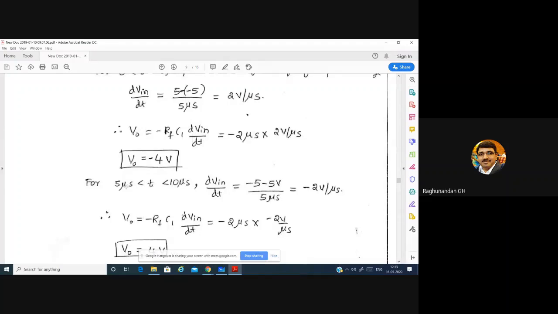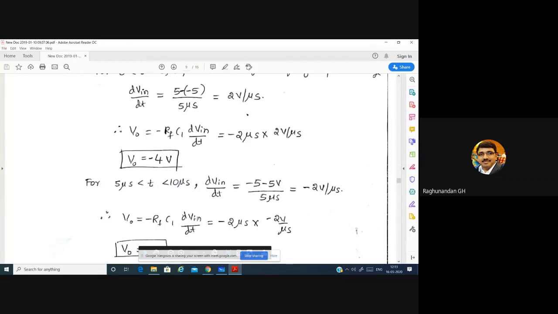So during 5 microseconds to 10 microseconds, in between this time duration, again we have to find out the constant value to substitute in this equation. We have already got the RC value, 2 microsecond. So we have to find out dVin by dt.